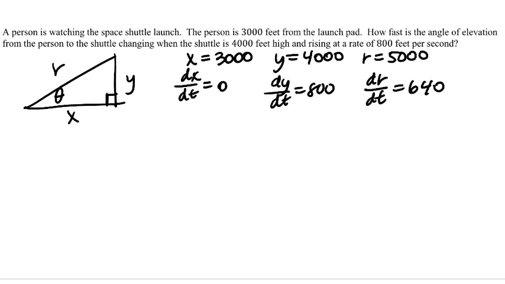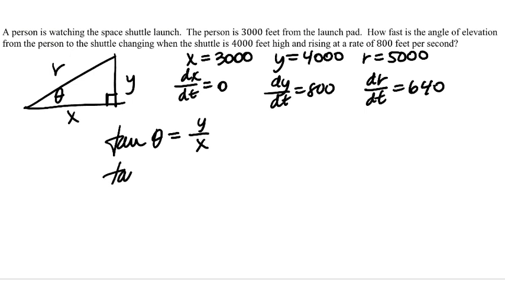Okay, so I'm going to go over here. I'm going to use, why not tangent? I think I used cosine last time, so I'll use tangent this time. Tangent theta is equal to y over x. But even better, because x is constant, I'm going to rewrite this.